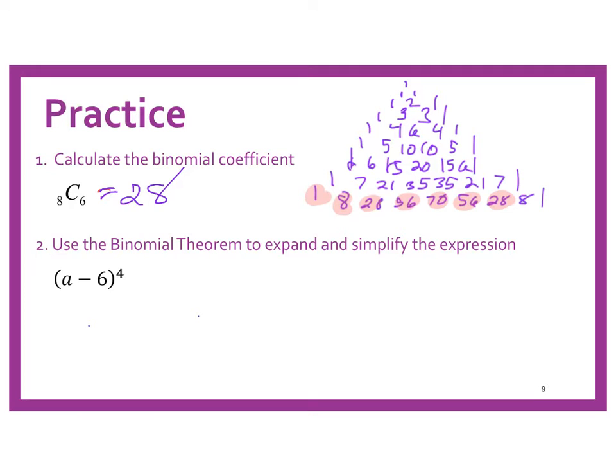Anyway, use the binomial theorem to expand and simplify this expression. So we have the first term: a to the 4, a cubed, a squared, a, and 1. For the other one I'm going to have 1, 6, 6 squared, 6 cubed, and 6 to the 4th. 6 squared is 36, 6 cubed is 216.